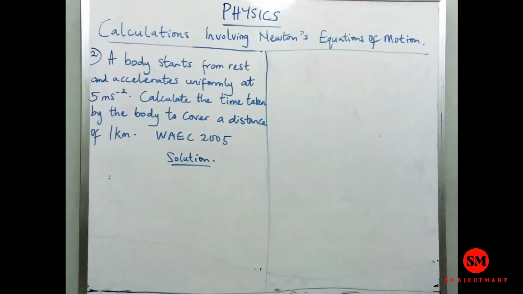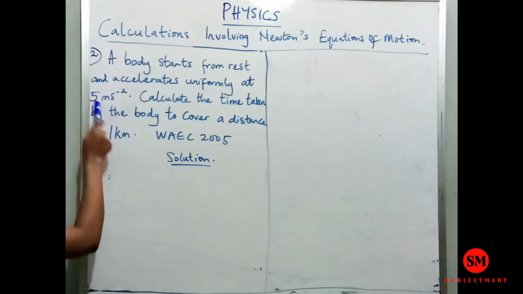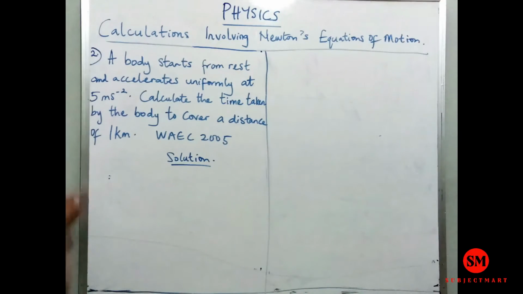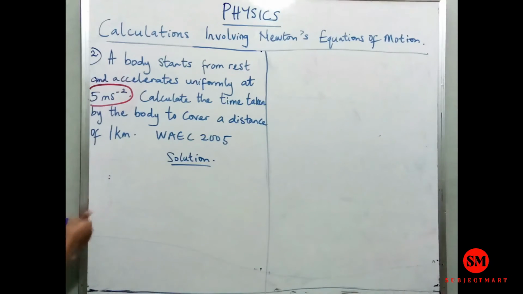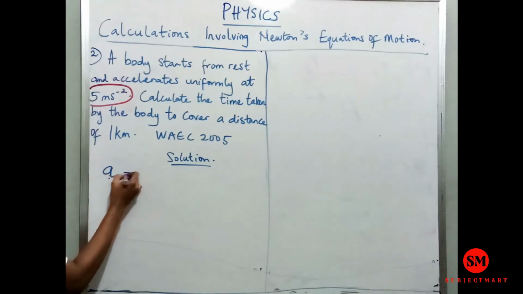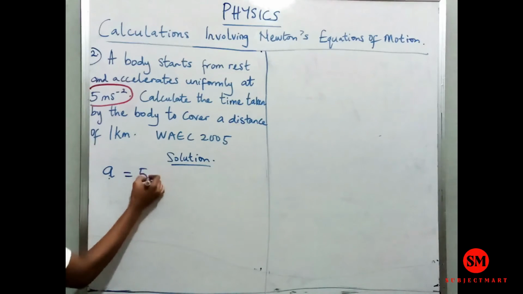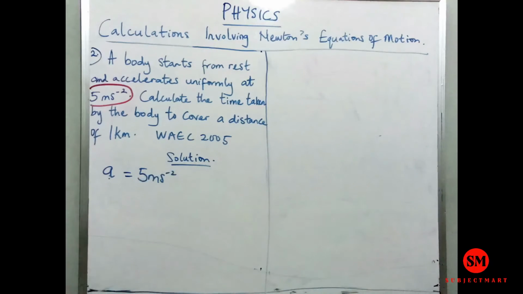So here is another example. A body starts from rest and accelerates uniformly at 5 meters per second. Take note, acceleration. I'm just going to go ahead and write out our parameters. Acceleration is equal to 5 meters per second squared.